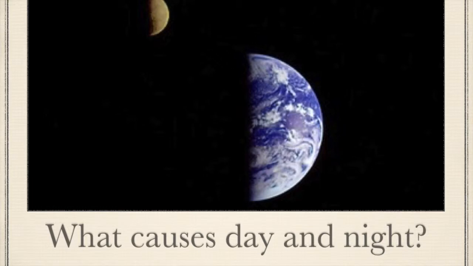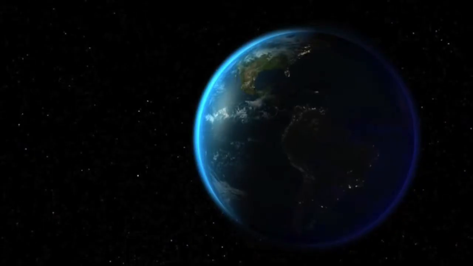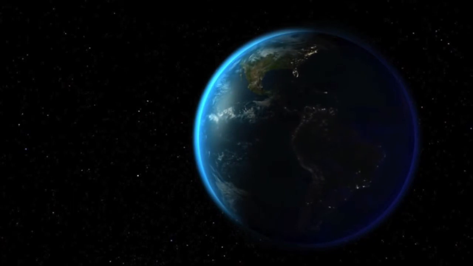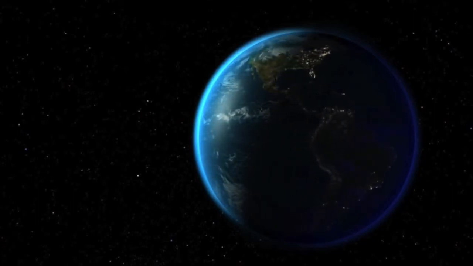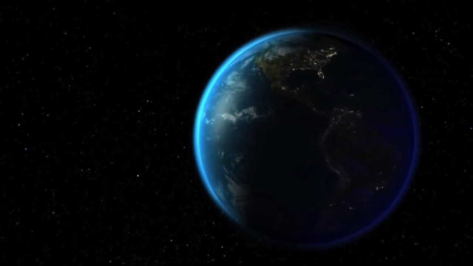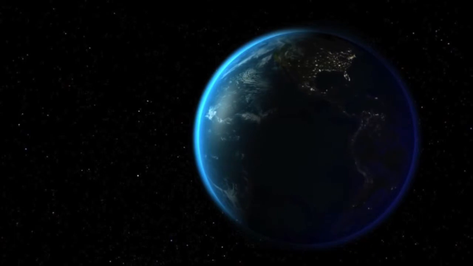The second guiding question states, what causes day and night? My claim says Earth rotates on its axis. And here's a video showing the Earth rotating on the axis. You can see that on the left side it's illuminated, and that surface of the Earth is experiencing day.